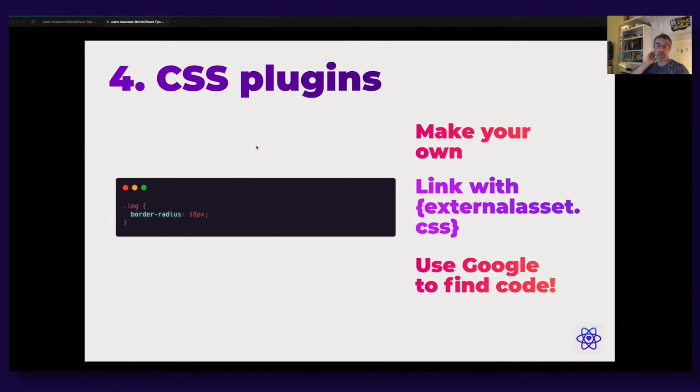learn how to make, create, and apply CSS plugins. The first time I heard about CSS plugins from Frederick, I was like, what is a CSS plugin? This is a plugin. So it's actually just some code that I found on Google how to give all the images that I have a border radius of, in this case, 18 pixels.